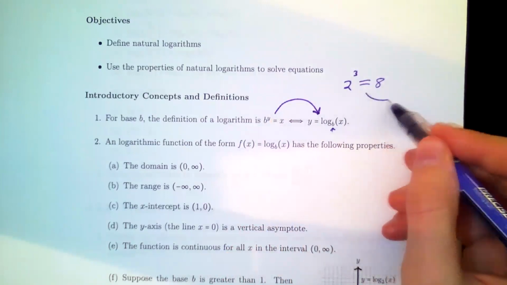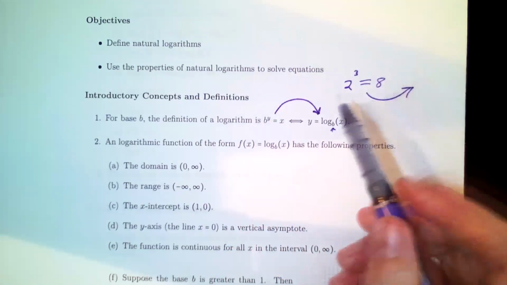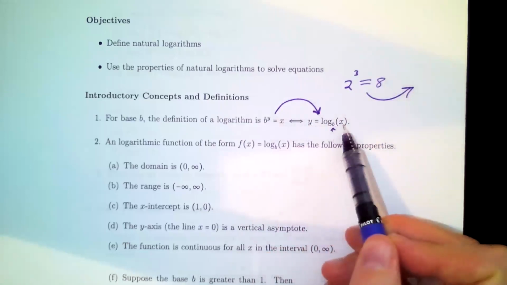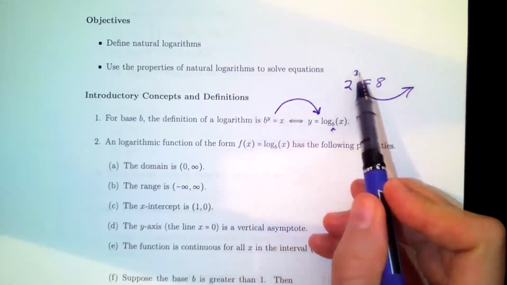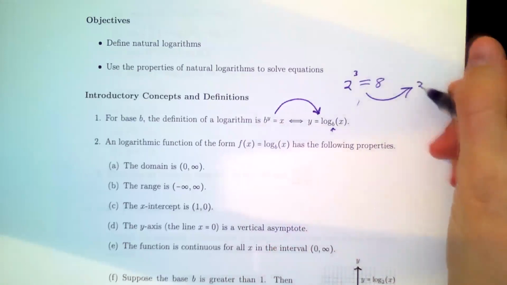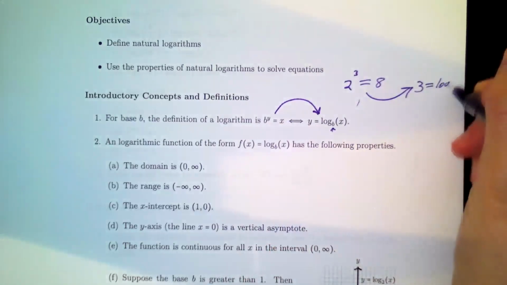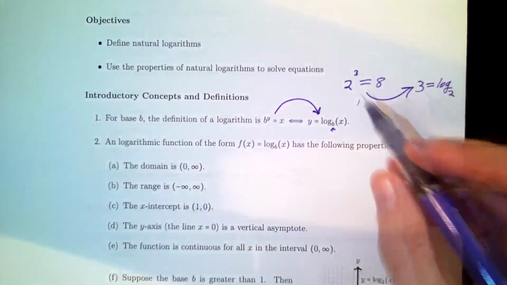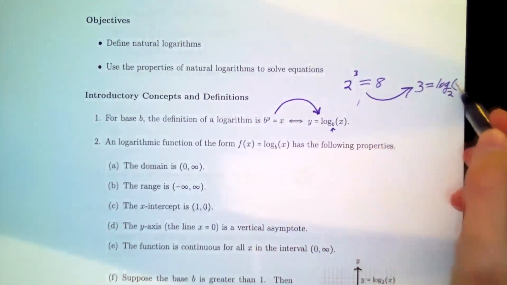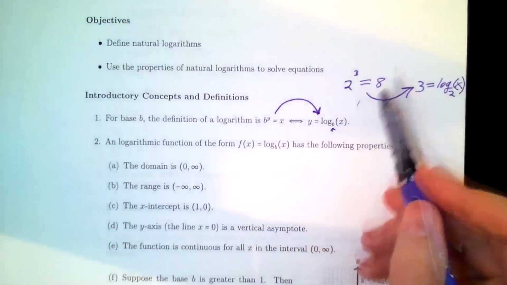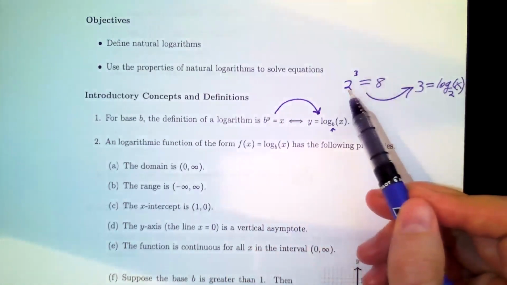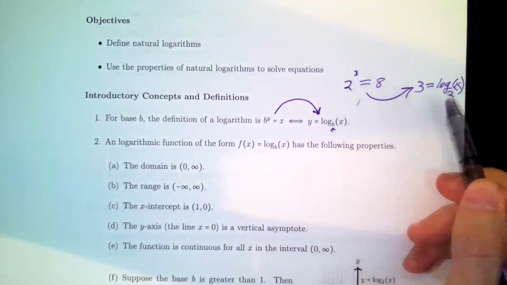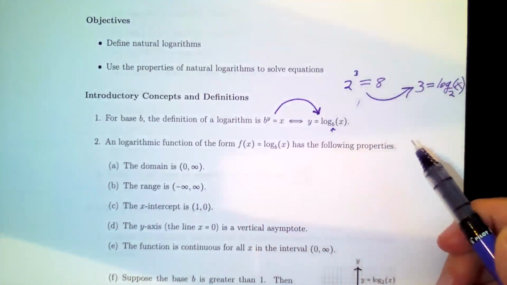You can rearrange this sentence into a log, into y equals log base b of x. Our y is 3, y equals log base, what was our b? Our b is 2 of x. So we just translated an expression that makes sense to us, 2 cubed is equal to 8, into a logarithmic statement. This is the same statement, just written as a logarithm.